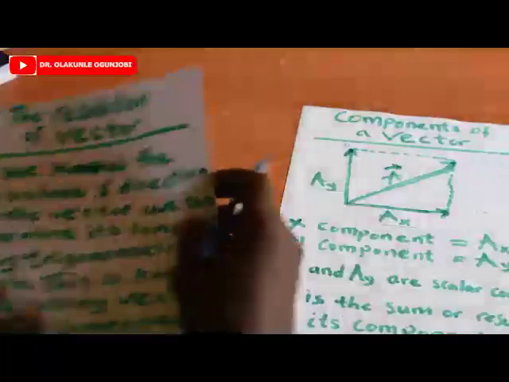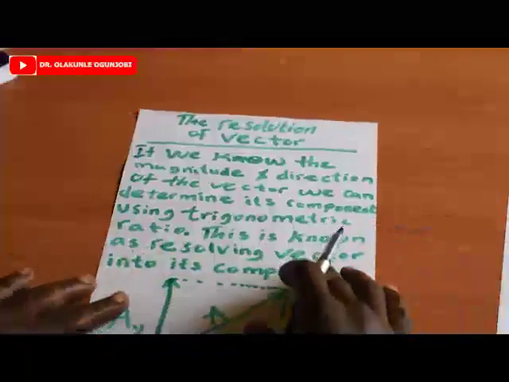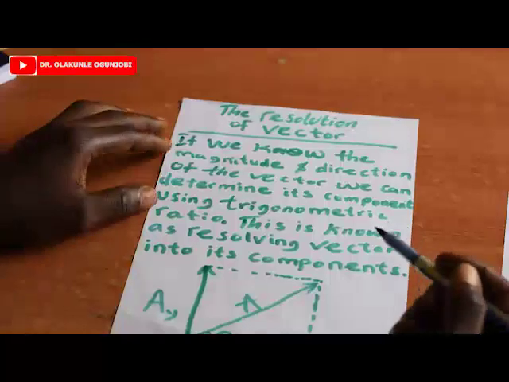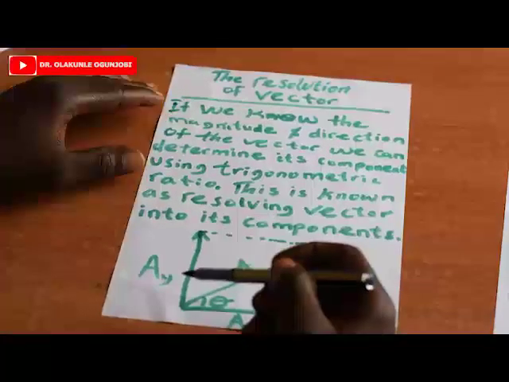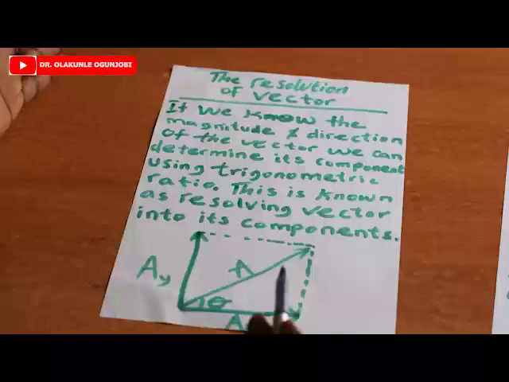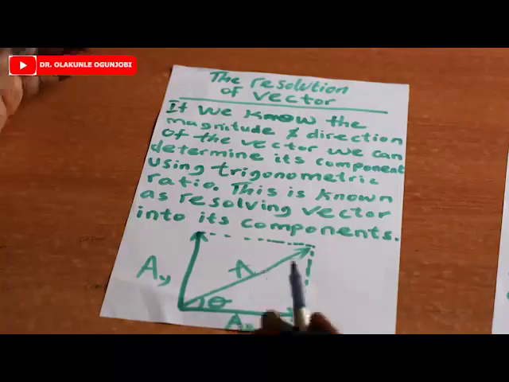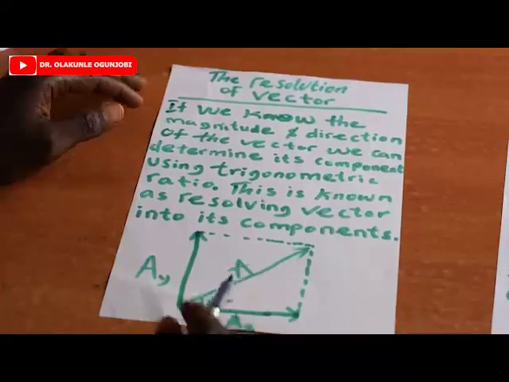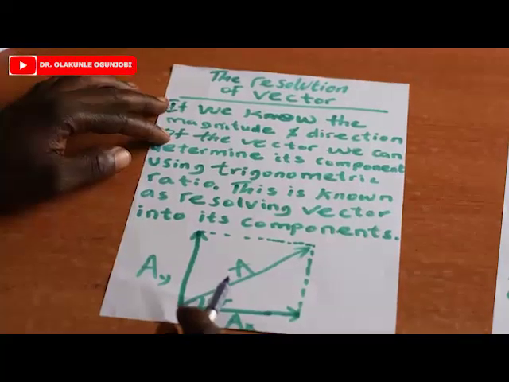We can resolve the vectors. If we know the magnitude and the direction of the vector, we can determine its components using trigonometric ratios.